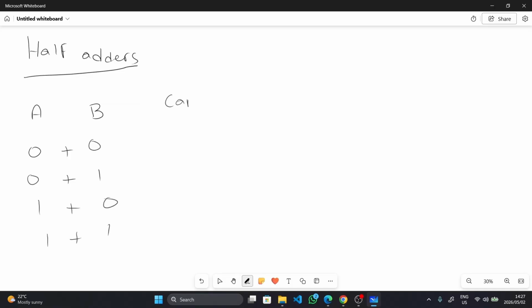Just remember carry is our MSB. So 0 plus 0, our carry is 0, sum is 0. Then 0 plus 1, carry is 0, sum is 1. 1 plus 0, carry is 0, sum is 1. 1 plus 1, our carry is 1 and sum is 0.